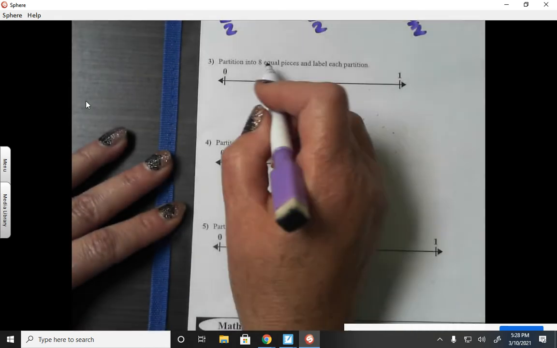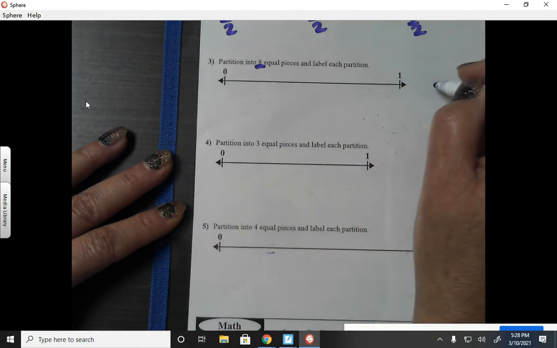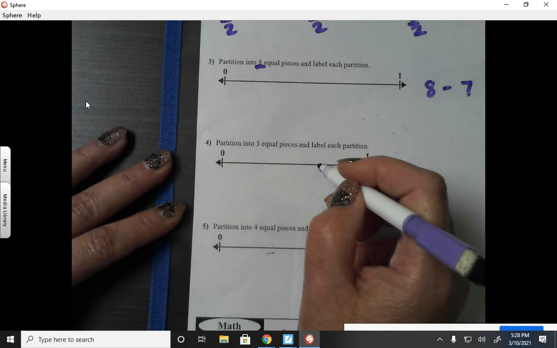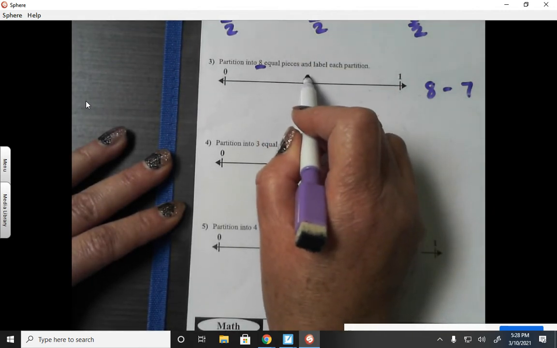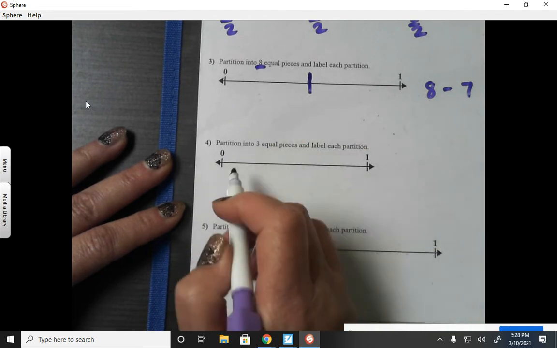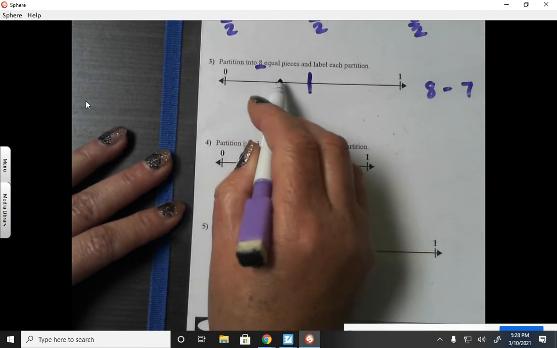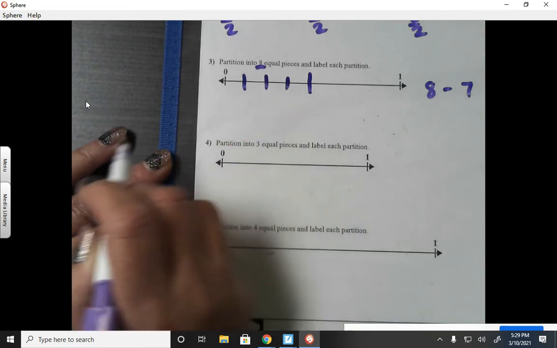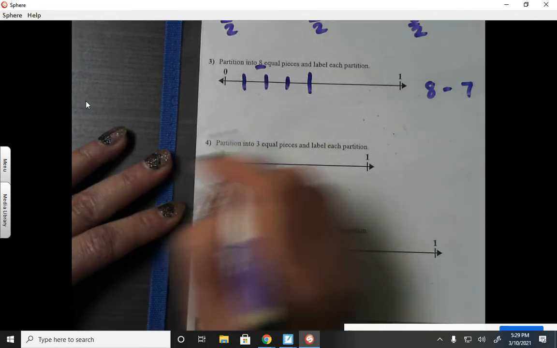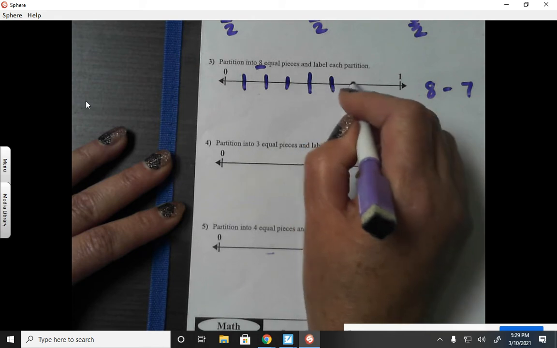Number 3, partition into 8 equal pieces and label each partition. So if we're going to do 8 pieces, we're going to draw 7 lines. And because 8 is an even number, let's do like we did with the 6. Let's cut it in half first. So put that line in the middle. And on the left side, let's do 3 lines. 1, 2, 3. And on the right side, let's do 3 lines. 1, 2, 3.